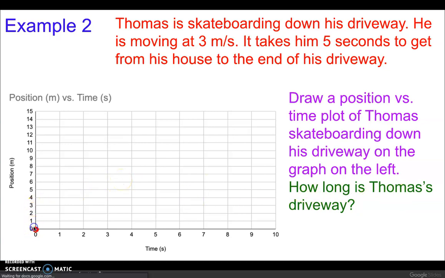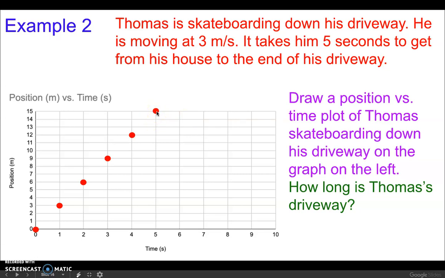So again, we're going to start Thomas off at position 0, at time 0. And then he's moving at 3 meters per second. So that means every 1 second, he's going to move forward 3 meters, and we'll just keep following this pattern for 5 seconds, because it says that it takes him 5 seconds to get from his house to the end of the driveway.